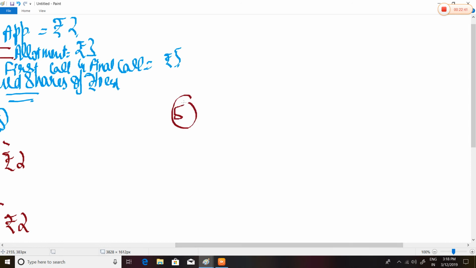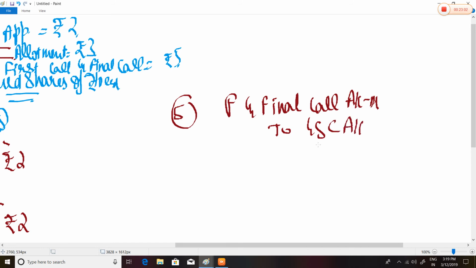Fifth entry is our first and final call. So first and final call account debited to equity share capital, amount made due, rupees 5.